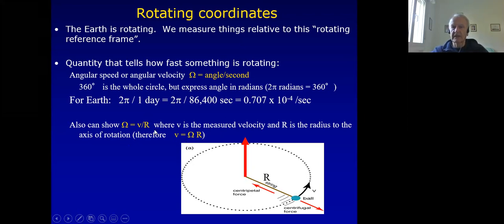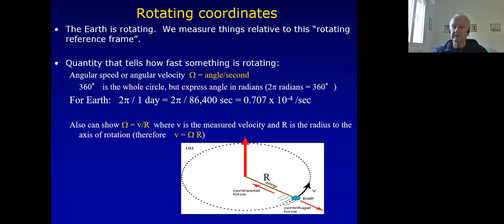So it's proportional to the angular speed and the radius of the Earth. The radius of the Earth, as I said before, is about 6,000 kilometers, and omega is 0.7 times 10 to the minus 4. So that's the fact that we are trying to resolve our equations in rotating coordinates.